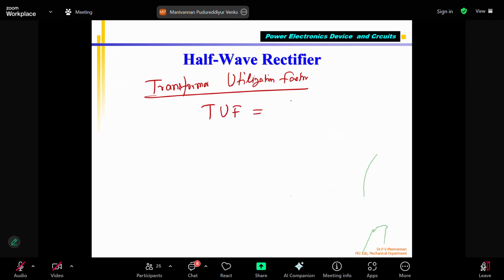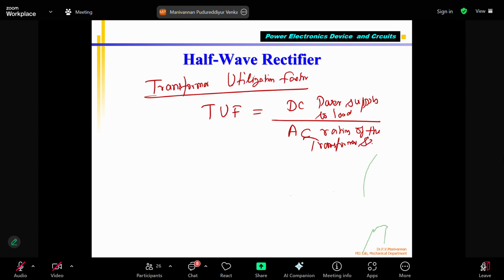TUF equal to DC power supplied to load, whole thing divided by the AC rating of the transformer secondary coil. Because only the secondary coil, we are supplying 220 volts in the primary. Secondary coil steps down, I said it is 5 volts, correct? From that, always use the secondary coil.